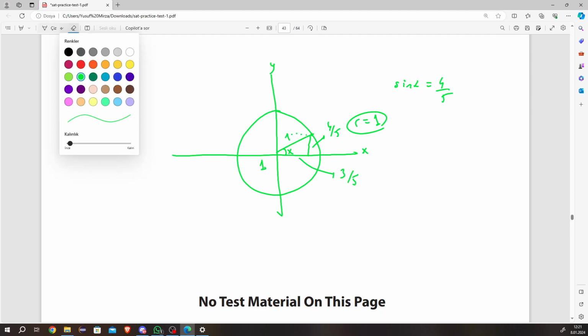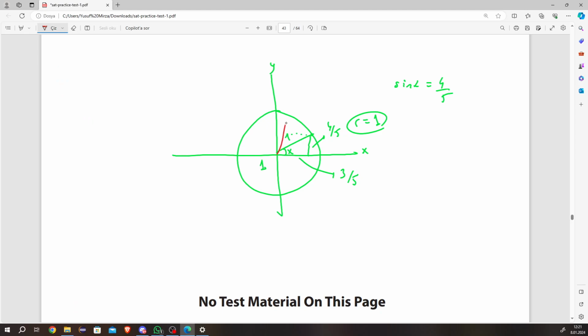And also we can draw 90 minus x here, and you can say it's x here too, and also we can draw a triangle here. So sinus x is 4 divided by 5, so simply put 4 divided by 5 here.